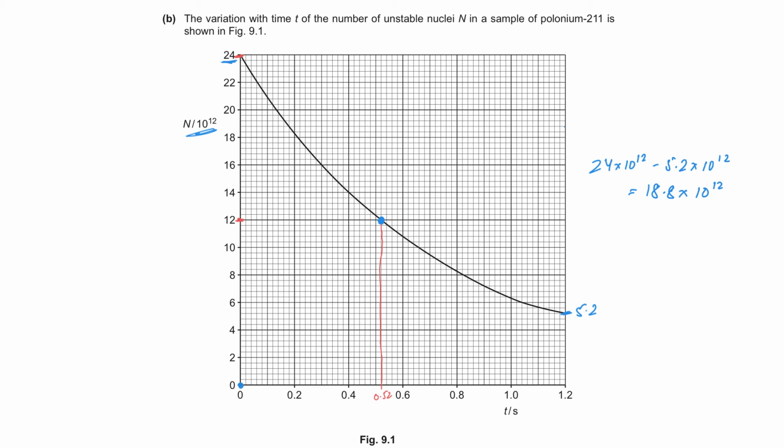So we should have a curve with a decreasing gradient, and it should pass through all of these points, such that the curve that we're drawing is basically a reflection of the original curve at this line. Moving on.